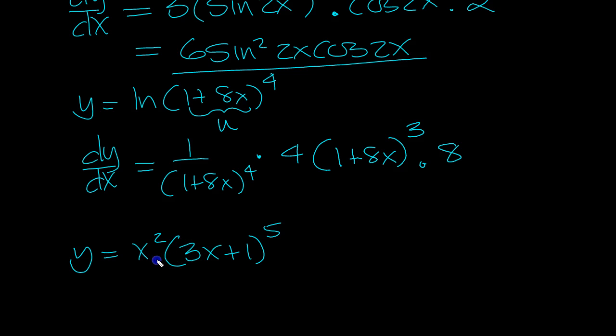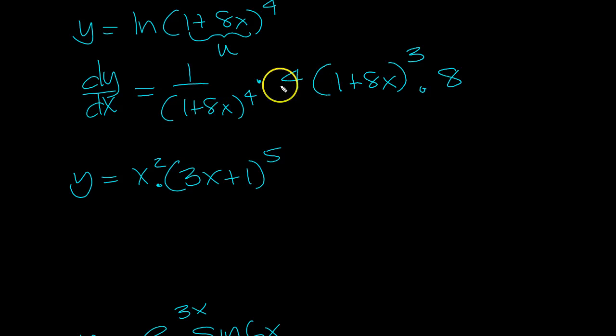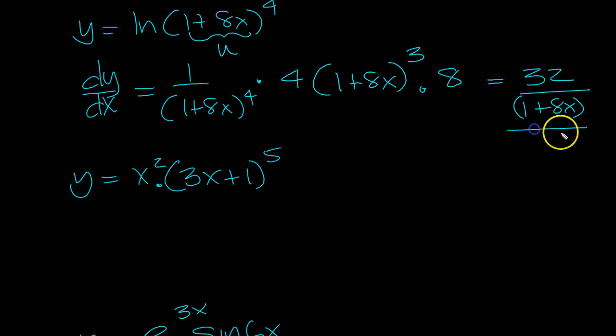Let's do it again. Here, this is a pain because this is now a product rule. We need to tidy this up, of course. We got 32 over 1 plus 8x here. Okay, this is u and this is v. The u is fine, but the v part of the product, because this is a product, is in its own right a function of a function, isn't it?